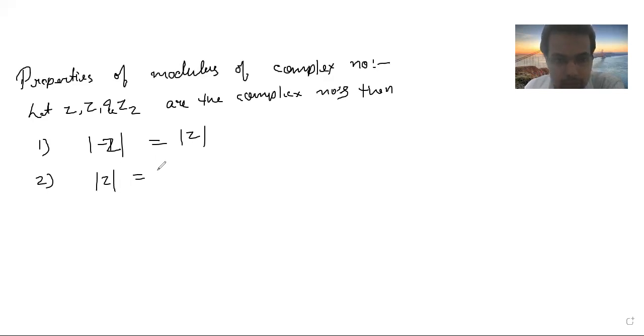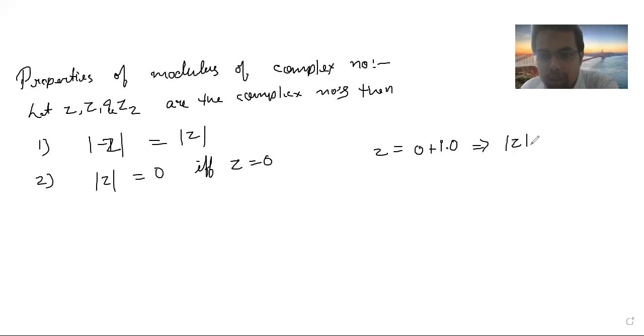Mod z will be 0 if and only if z is equal to 0. That means if any complex number is 0, like z equal to 0 plus 0i, then only mod z will be 0, otherwise it is not.